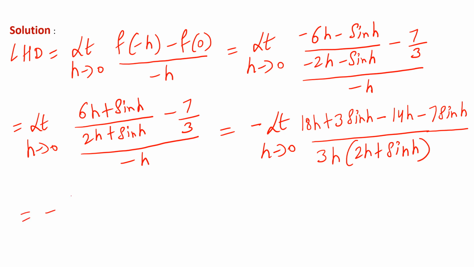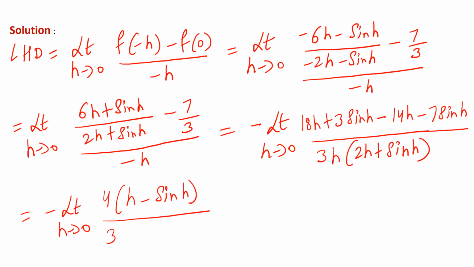Now this becomes equal to minus limit h tending to 0, 4h minus 4 sin h. So 4 I can take out common, and inside the bracket I get h minus sin h, whole divided by 3h into, inside the bracket, 2h plus sin h.